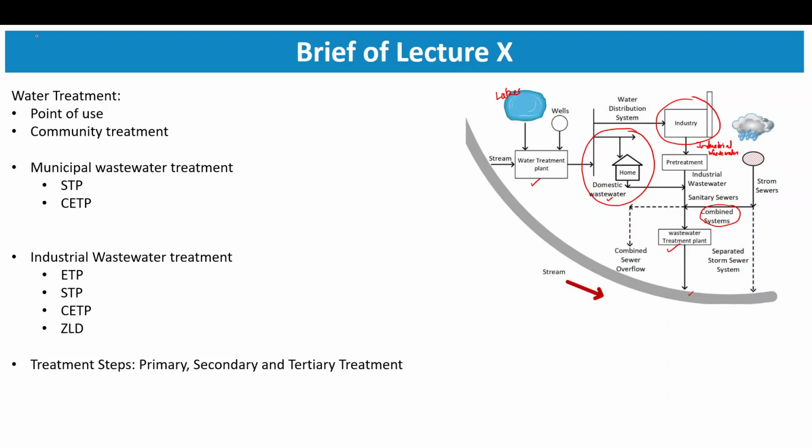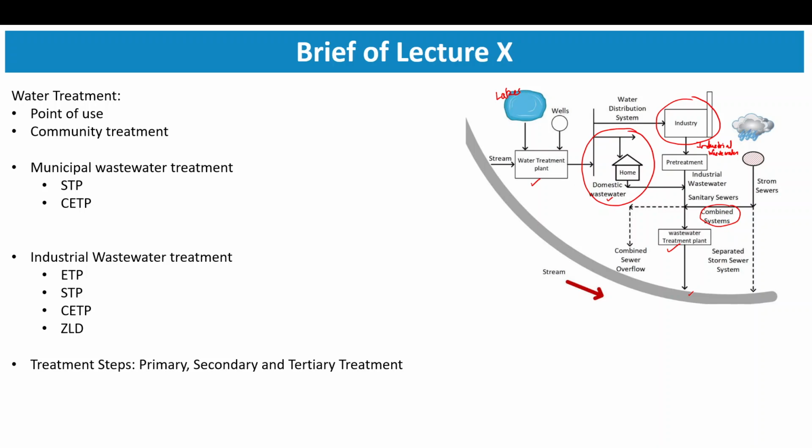So obviously we need to treat that water, and we need to remove the pollutant so that at the end, if we are consuming that water, it is not harmful to us, right?